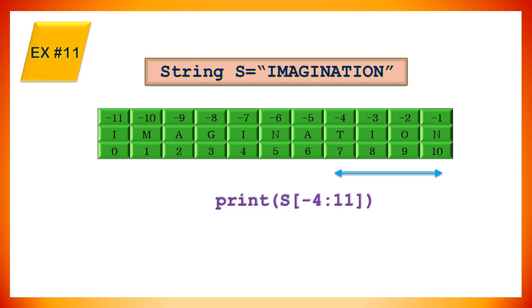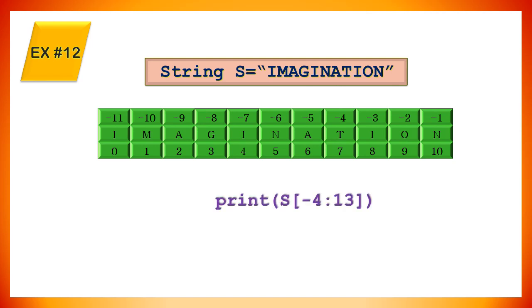So here the starting index is minus 4, so from minus 4 till the last index, that is index 10, will be generated. And so the characters coming in between the 7th index to the 10th index are TION, which is shown in the output.